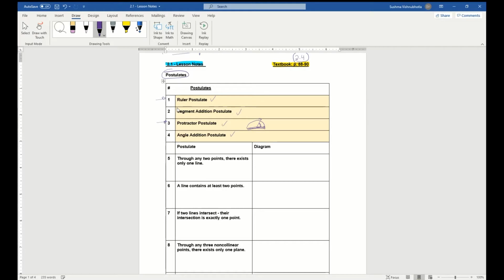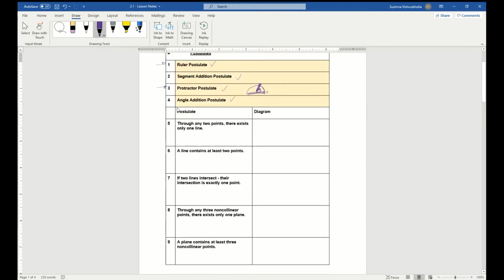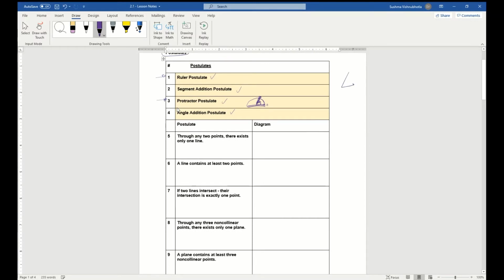And you can do that by starting at 0 and looking at where the ray crosses the protractor, and that is the size of the angle. It's pretty much what the protractor postulate says. Like if you measured an angle and it was 30 degrees, you wouldn't need any other proof. It's just the measurement is the proof.